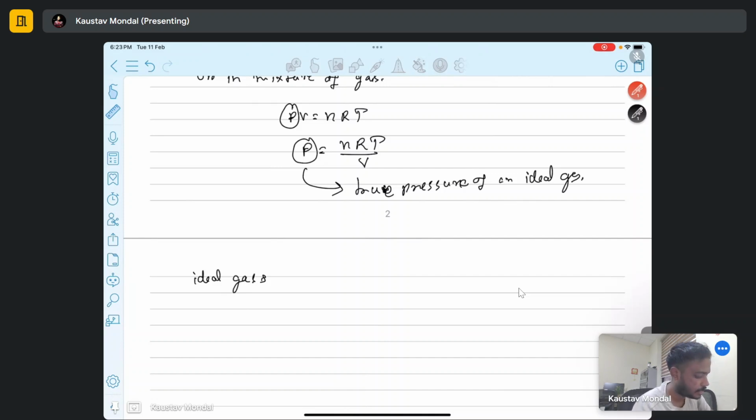Secondly, the size of the molecule is also not considered in the case of an ideal gas. For real gas we consider all of these.